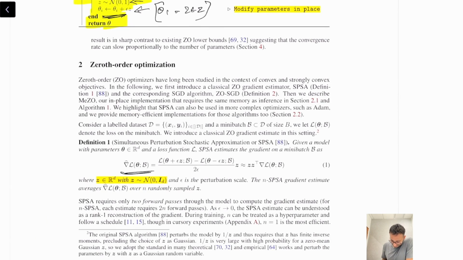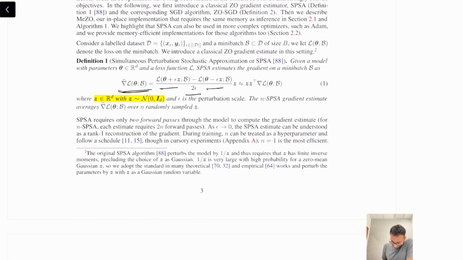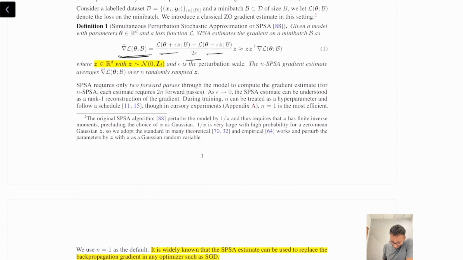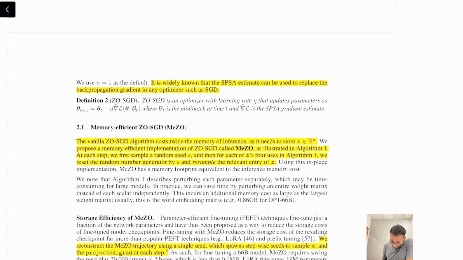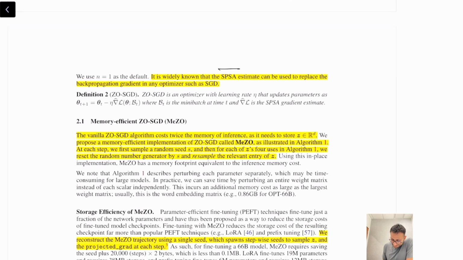This is the gradient estimation: the loss at plus epsilon z minus the loss at minus epsilon z, divided by twice the perturbation value. Z belongs to the dimension of the parameters, and it's sampled from standard normal. This technique is called SPSA.